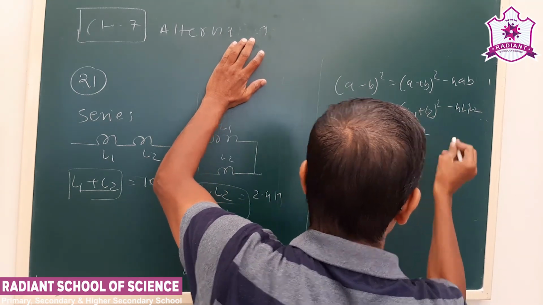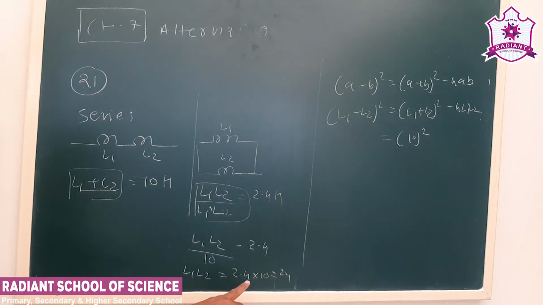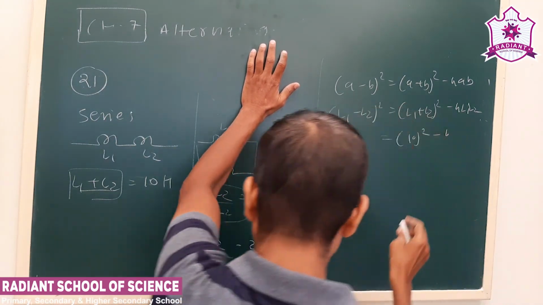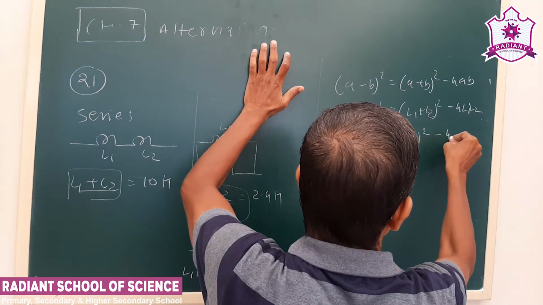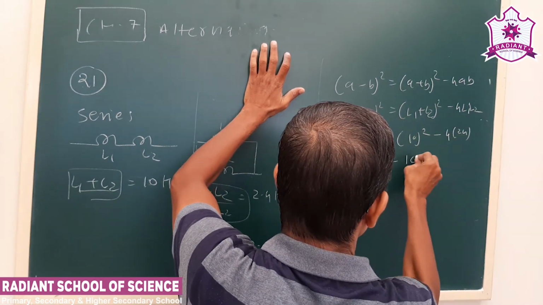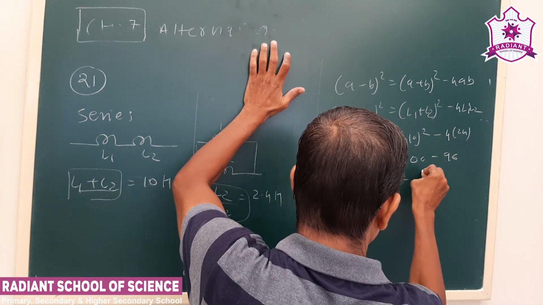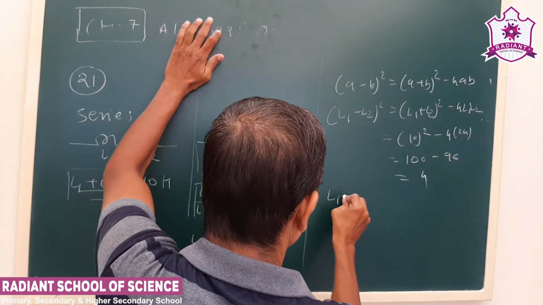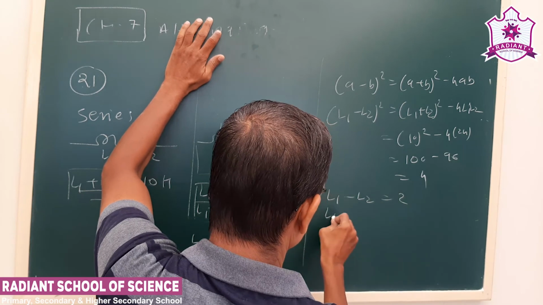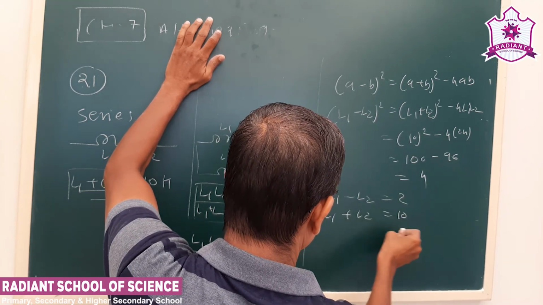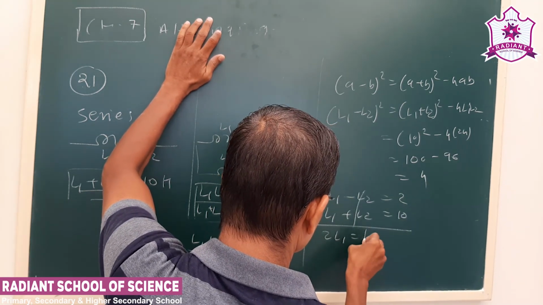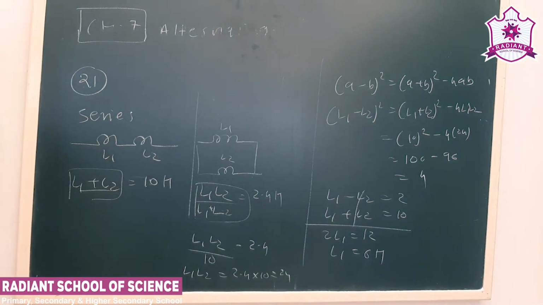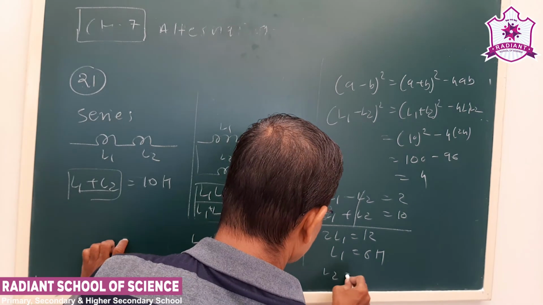L1 plus L2 is given as 10, and L1 L2 we have obtained. Again it is a perfect square. So taking the square root on both sides, L1 minus L2 is 2, and L1 plus L2 is 10. So L1 is 6, and L2 naturally will be 10 minus 6, that is 4.